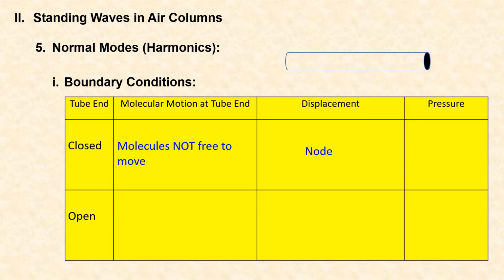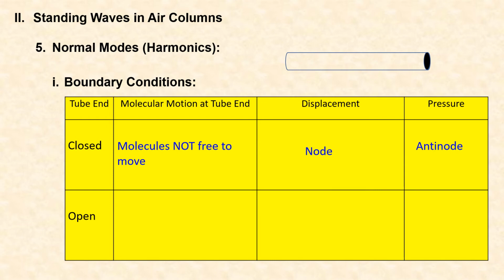And remember, in our discussion of sound waves, of longitudinal waves, we said that there is a 90-degree phase difference between the molecular motion, the displacement model for the wave, and the pressure model. So where we have a displacement node, where those molecules are not free to move, that is going to be a pressure antinode. That means that the pressure there will be high, will be a maximum.